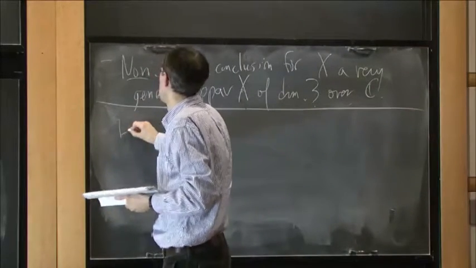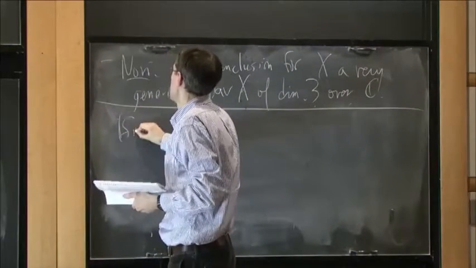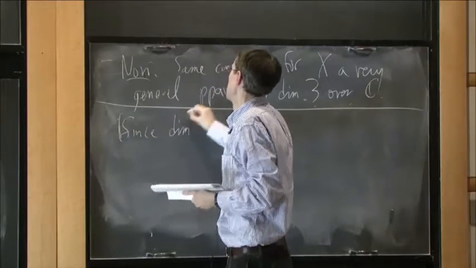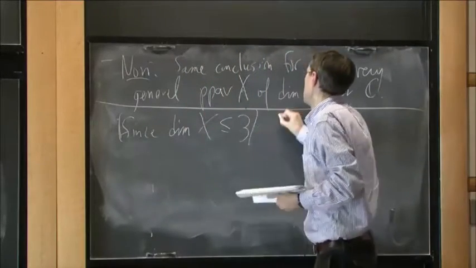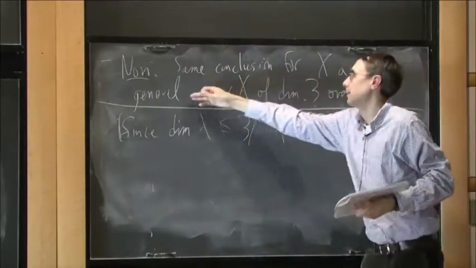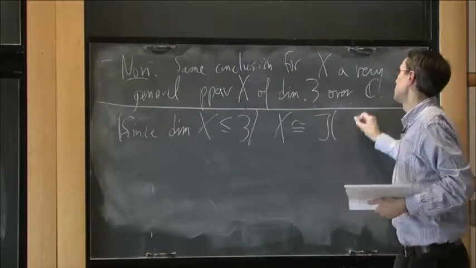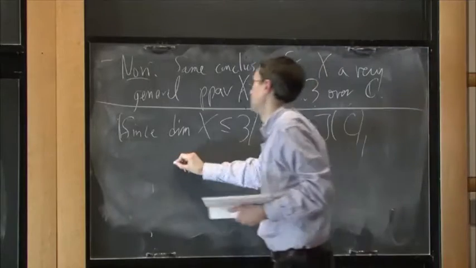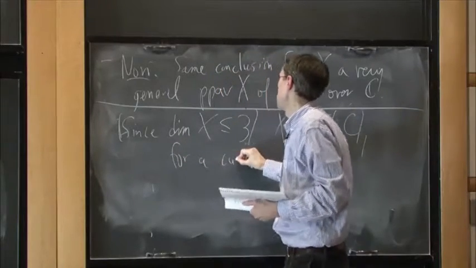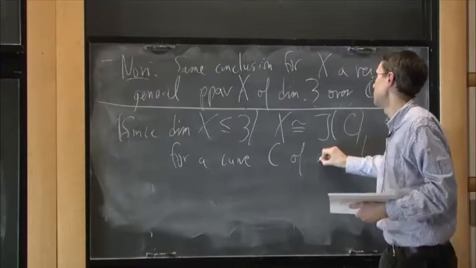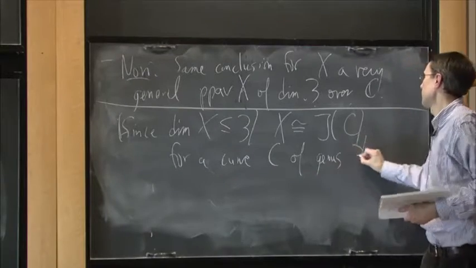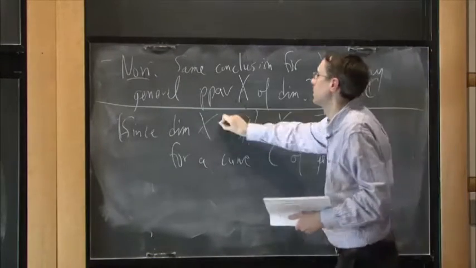So since the dimension is at most 3, most abelian varieties, in particular a very general one, is isomorphic to the Jacobian of some smooth projective curve of genus 3, since dimension is equal to 3.